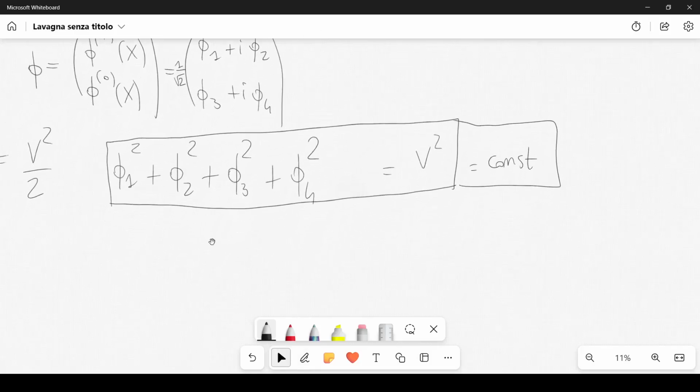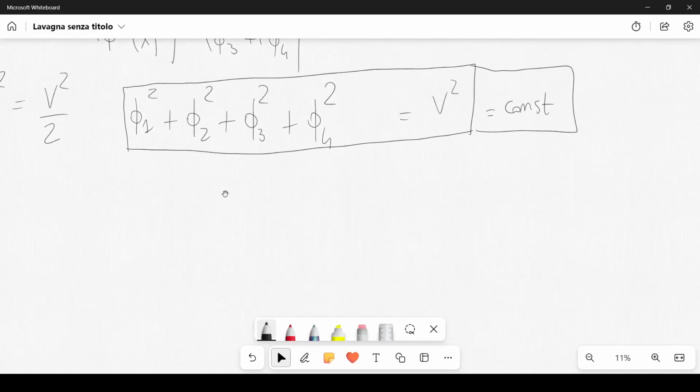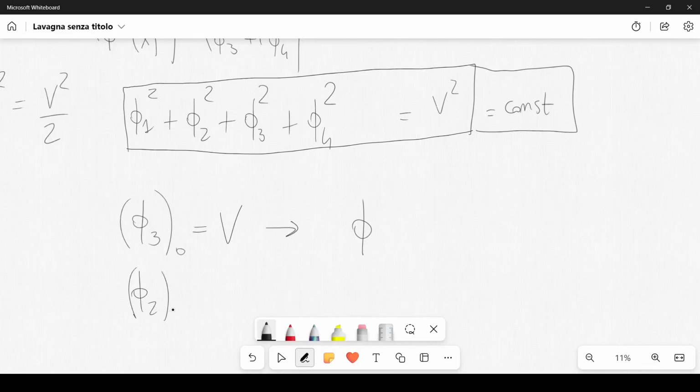Now we can break the symmetry of the minimum energy state, or simply ground state, and we can set phi 3 0 equal to v. So if we do this, the other components, phi 2 0, phi 1 0 and phi 4 0, are all equal to 0.